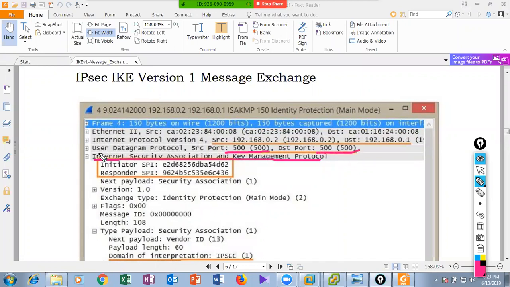So you can see the UDP protocol with source and destination port number 500 used. And below, you can see we have the Security Association Key Management Protocol with the initiator and responder parameters. Correct? So the entire 6 message exchanges you will see under ISAKMP itself.